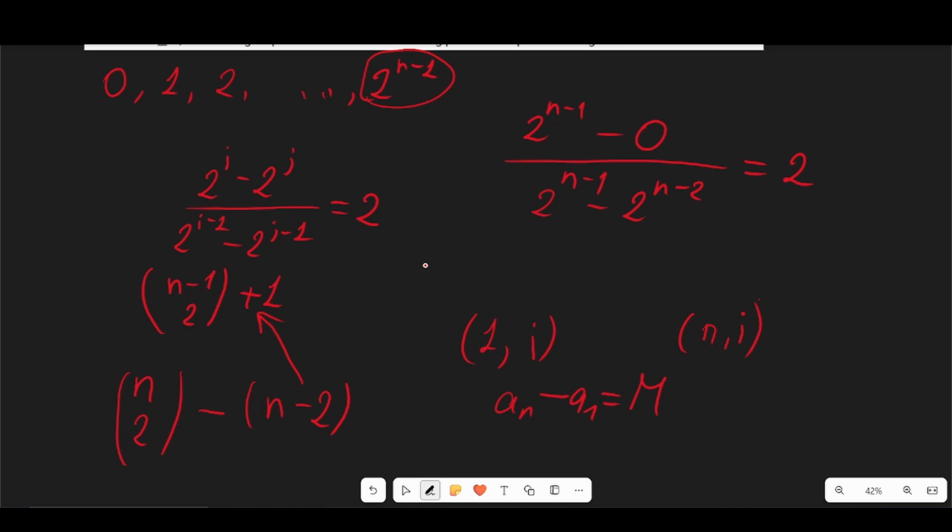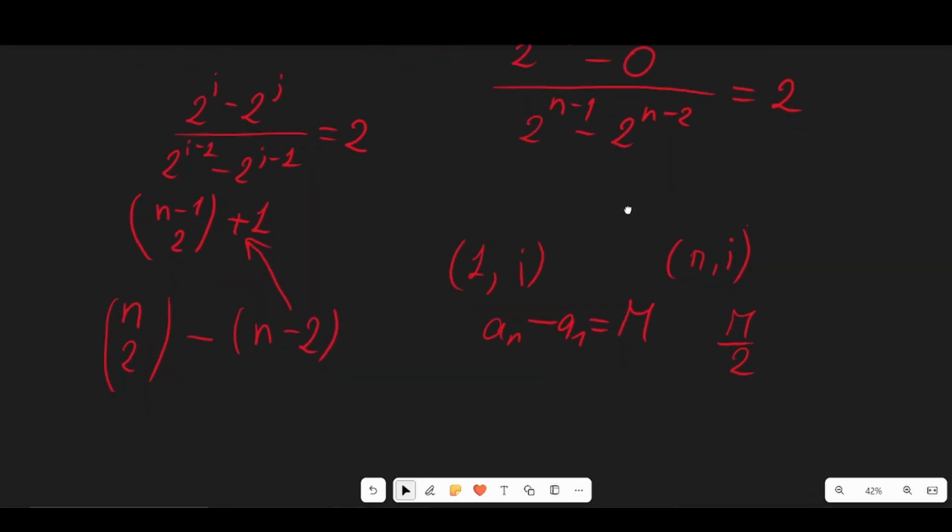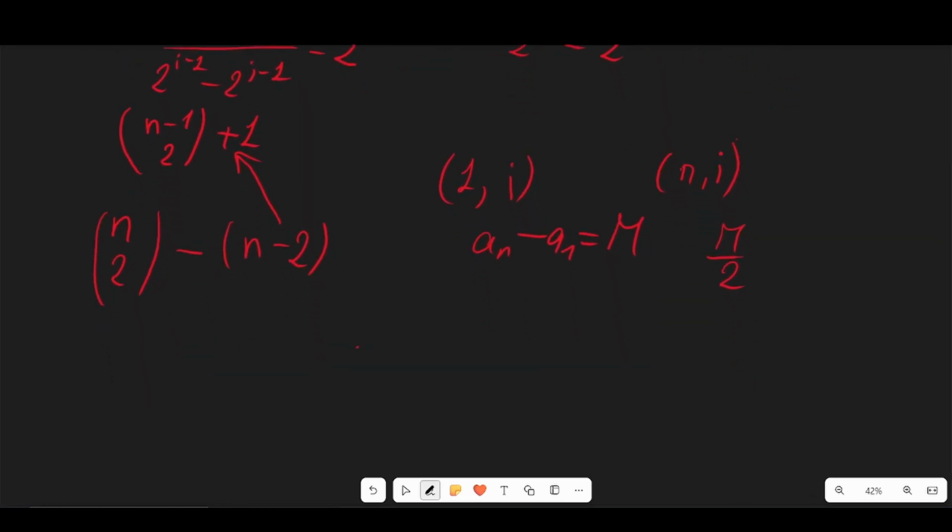And if we have any number which is greater than m over 2, this pair cannot be interesting. And now we will see that at least one of these pairs, (1, i) or (i, n), would not be interesting because it would be more than half.